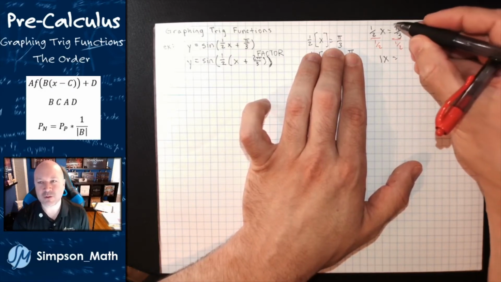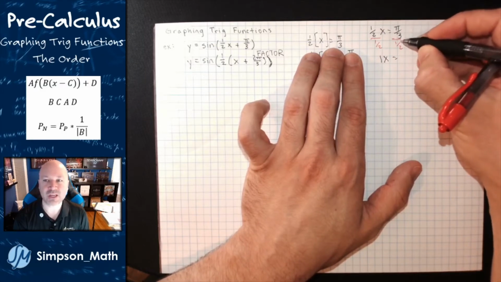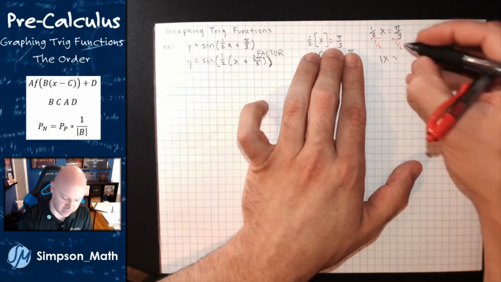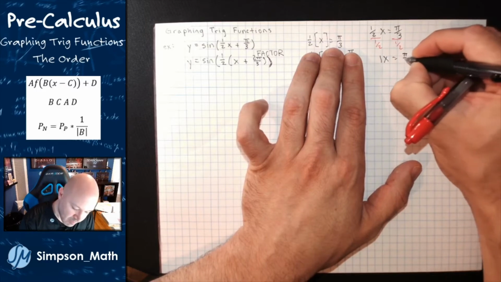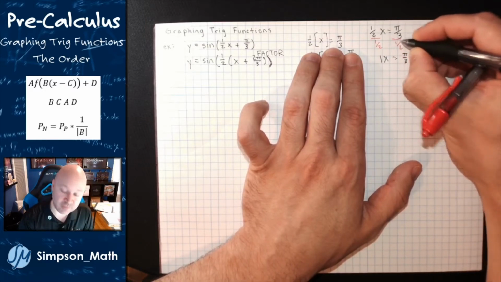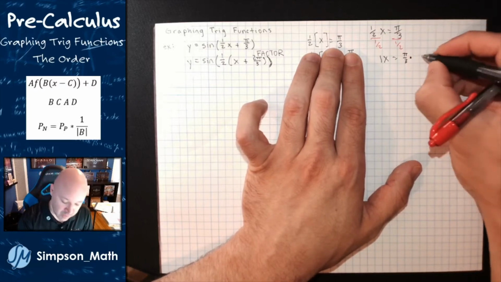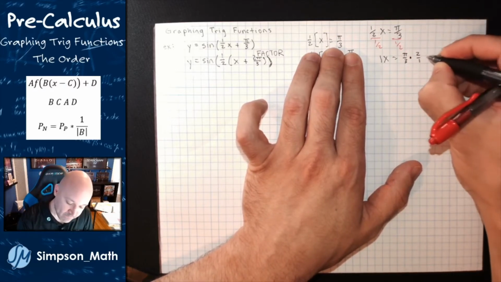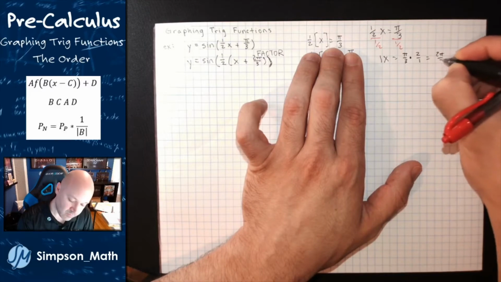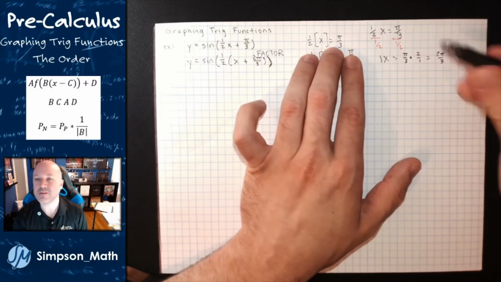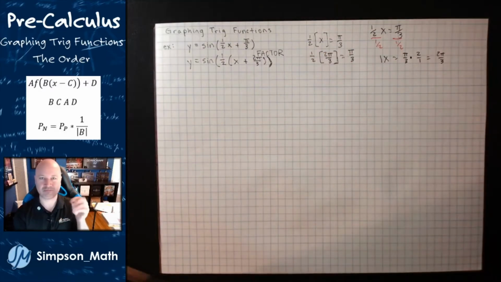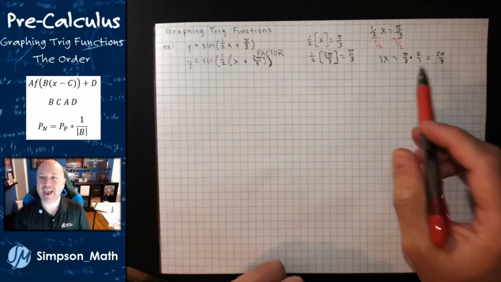A lot of my students know keep, change, flip. I guess I'll do that for fun. Pi thirds, you change the division problem to multiplication, and you multiply by the reciprocal of what's below. 2 pi thirds.